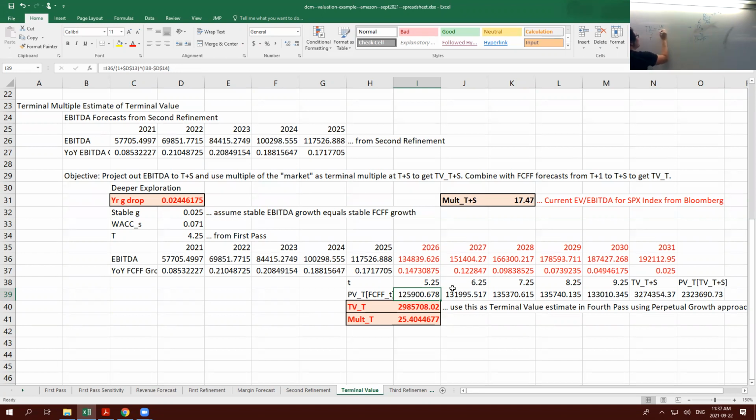Cash flow at time 6 over 1 plus R to the 1, plus cash flow at time 7 over 1 plus R to the 2, plus all the way up to cash flow at time 10 over 1 plus R to the 5. Right? So do we agree? This is how I should be getting my terminal value at time 5. It's still a terminal multiple based value, but it's a terminal multiple as of time 10 as opposed to time 5.